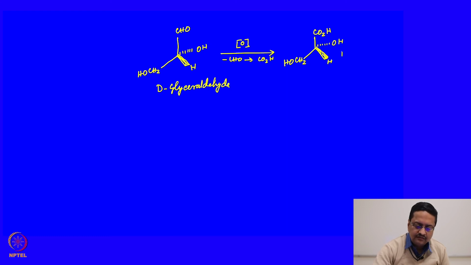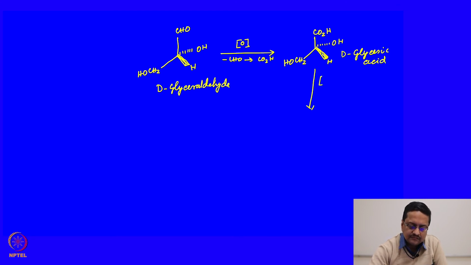So, this is D-glyceric acid. And then we do a reduction of CH2OH to methyl.